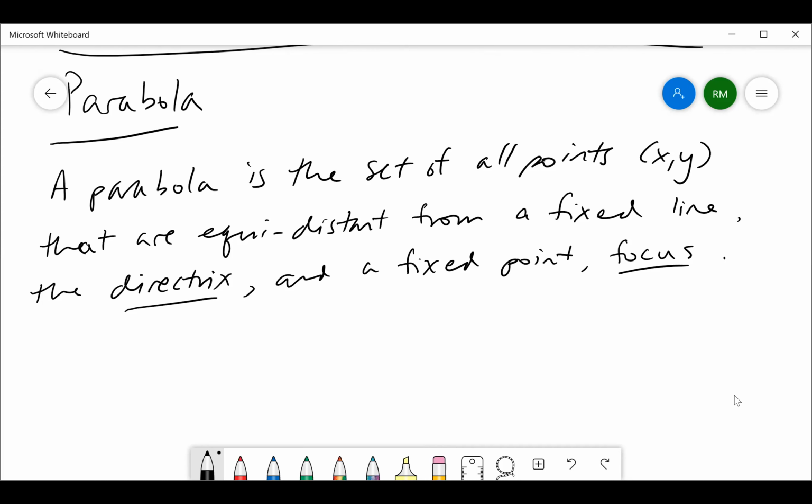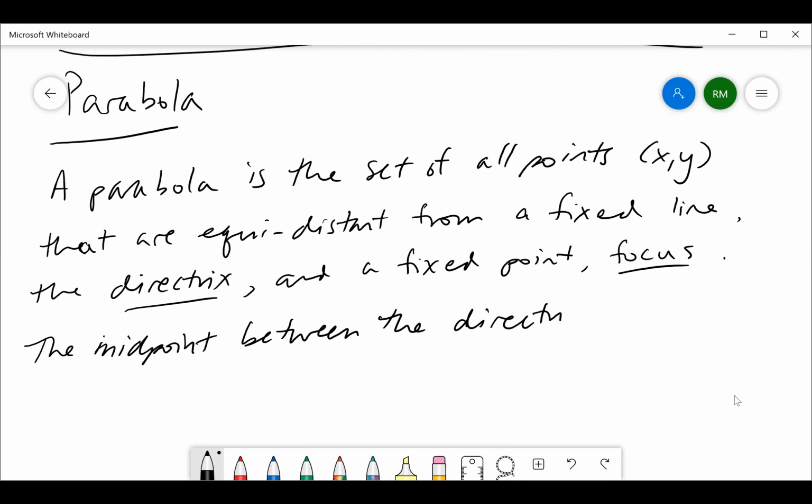The midpoint between the directrix and the focus is called the vertex.